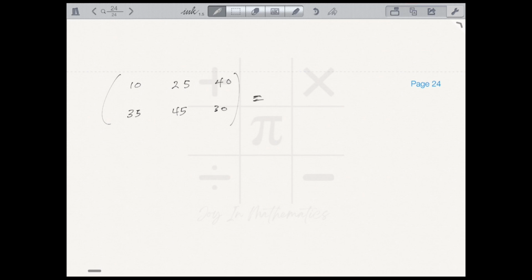So this is 5 as a scalar multiplier. So 10 divided by 5 will be 2, 5, 8, 7, 9, and 6. Therefore, when we multiply this in scalar multiplication, we would have this.